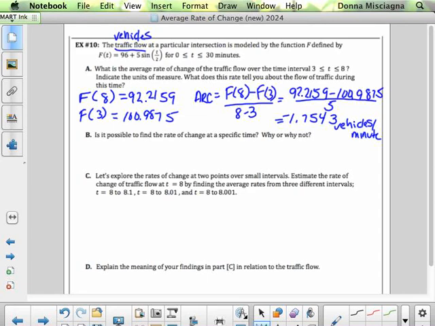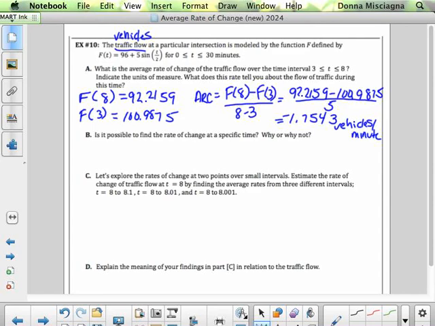I know what 1.7543 vehicles means. It's a little more than 1, a little less than 2 vehicles per minute. But traffic, that's not a unit. It does not have to be a word in the sentence. You've got to use a little common sense that traffic is vehicles.